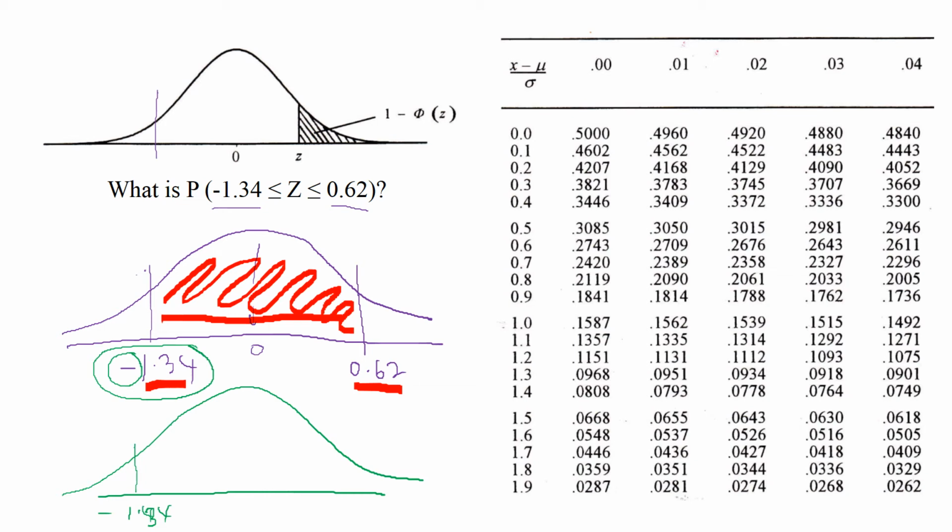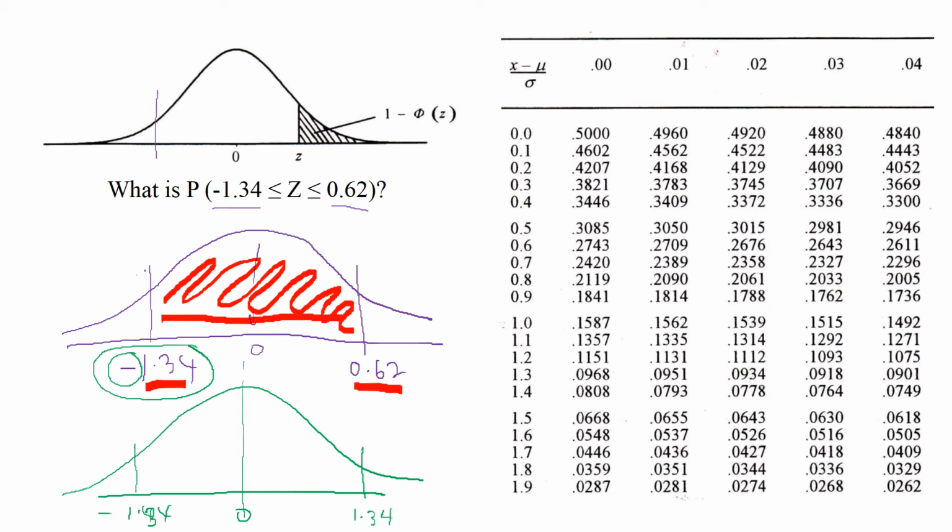Note also that a normal distribution is always symmetrical, which means the value here is a mirror image of 1.34 on the other side.